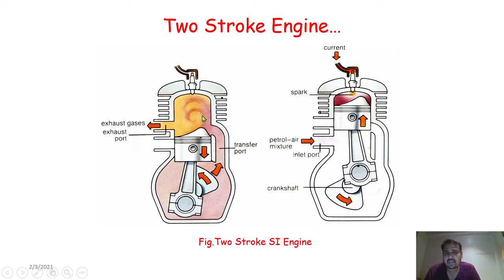Whatever we learned theoretically, whatever doubts are in your mind, will get cleared with the help of the next videos we are going to watch now. Initially we start with the animated video of the two-stroke engine. Whatever I just discussed, you will understand better with the help of these videos.